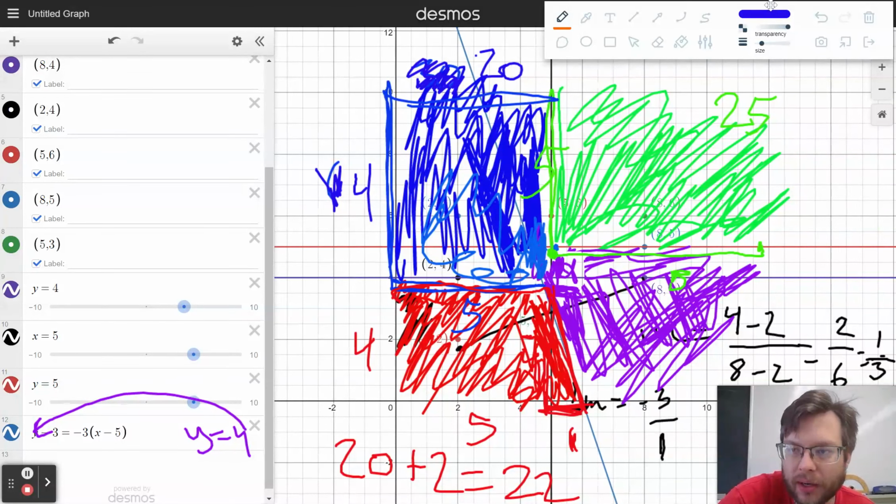And the green one isn't 5 by 5. It's 5 by 3 because it only goes from 5 up. So that's actually 15. And then the purple one is the rest of it. So we've got 20 for the blue, 15 for the green, 22 for the red.